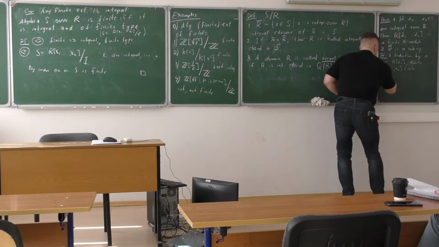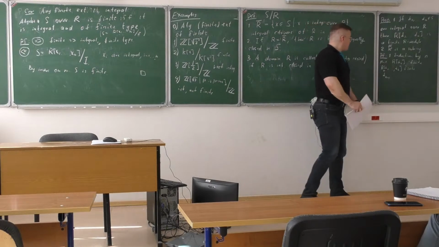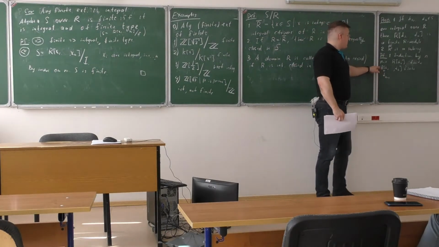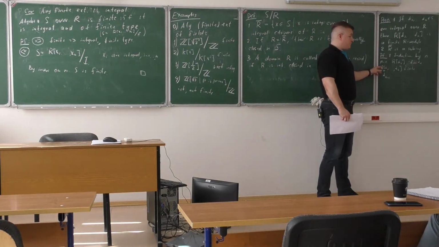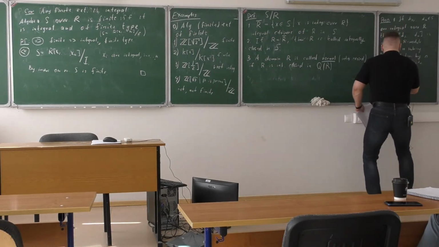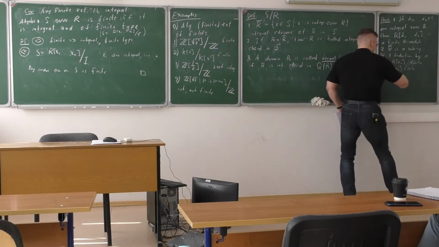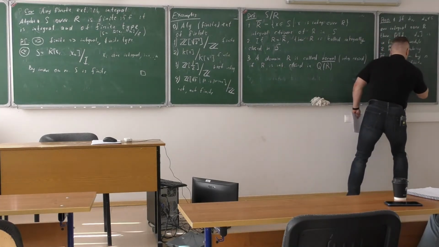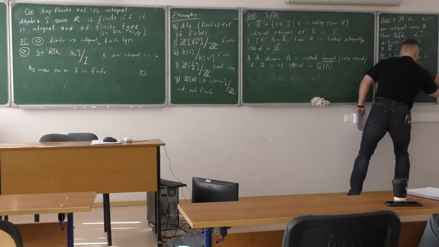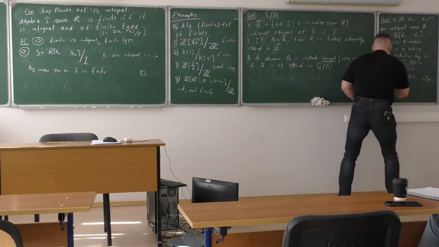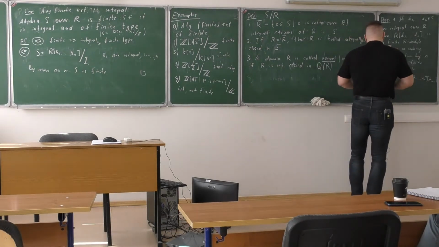So I consider alpha with the number k plus 1. Clearly this element is integral over this ring, because it is integral over R, over the subring, so it's integral over the larger ring. And then I use the proposition again: if this is integral over this ring, then R where I join alpha 1 up to alpha k, and then additionally join alpha k plus 1, is also finite. So this is the step of the induction.